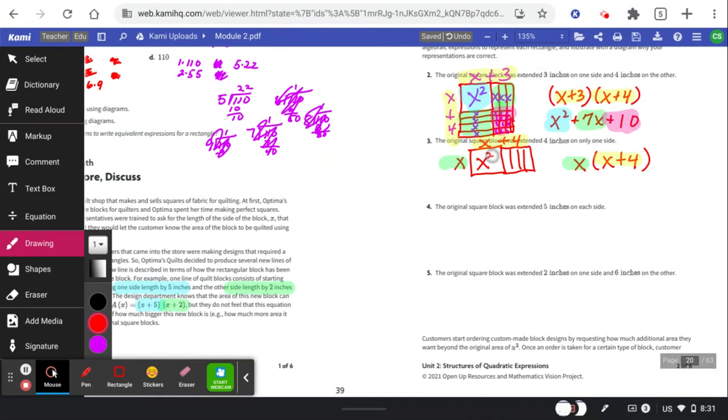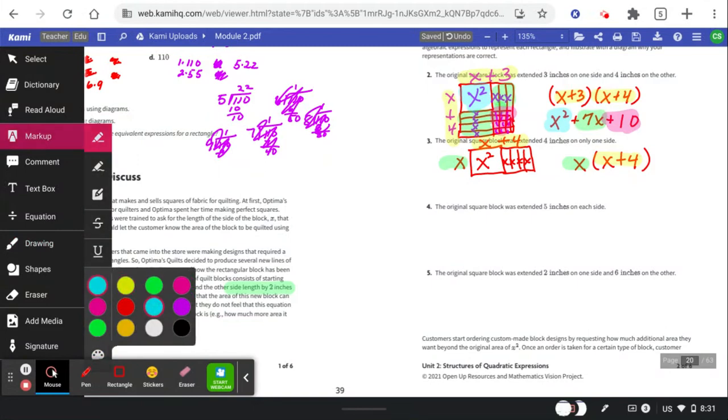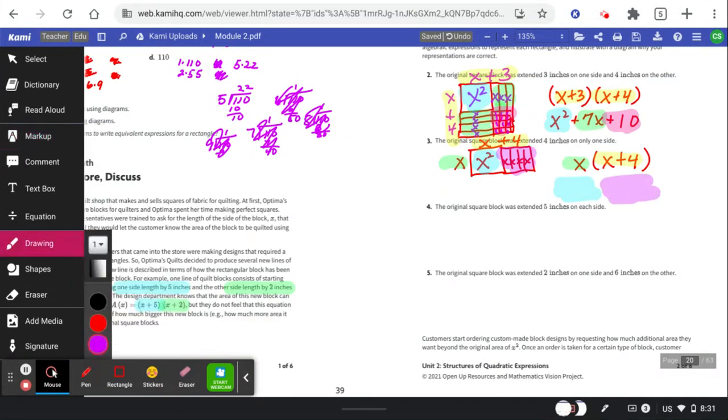Then you've got your x squared plus 4 x's, and there's our 2 expressions.